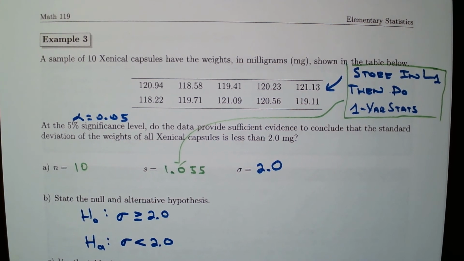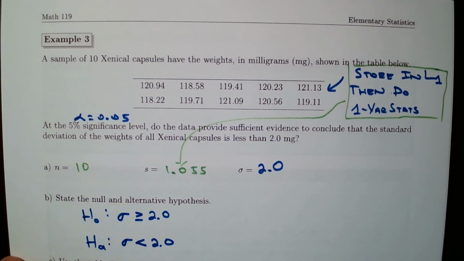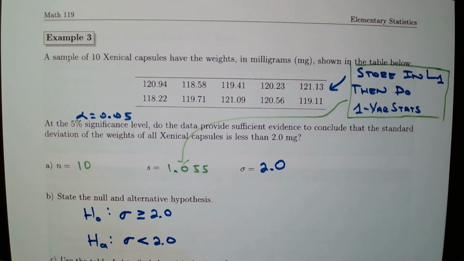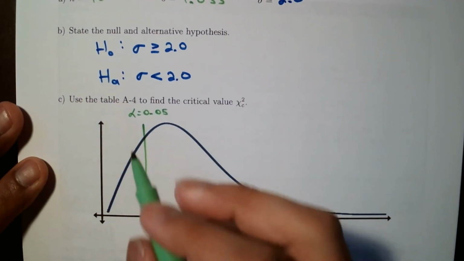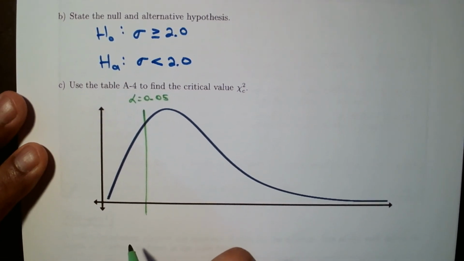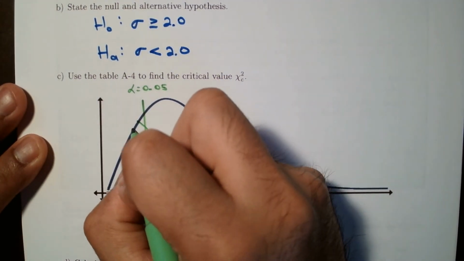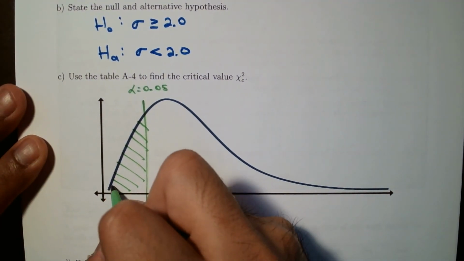Alright, so in this case we're going to do a left-tailed test with alpha of 0.05. So we're going to look for the chi-square critical value, and I'm going to shade the left part of the graph.